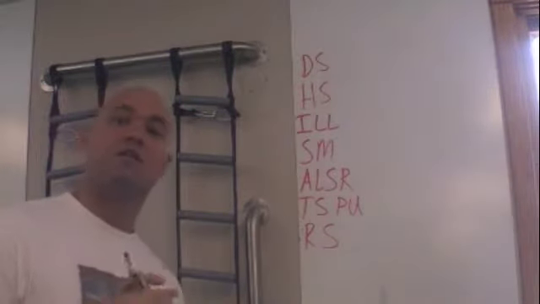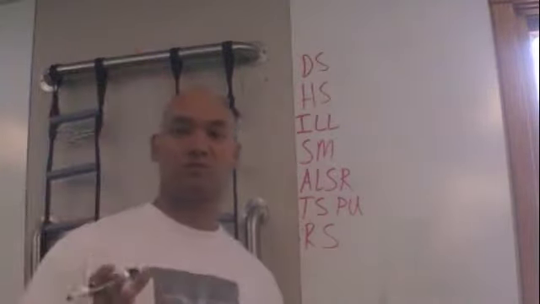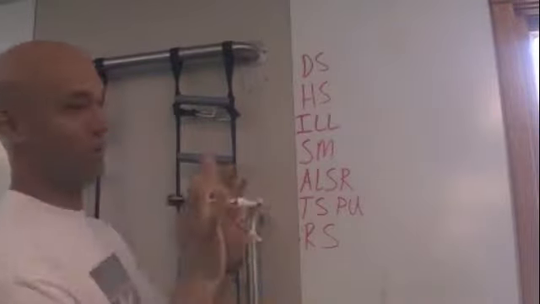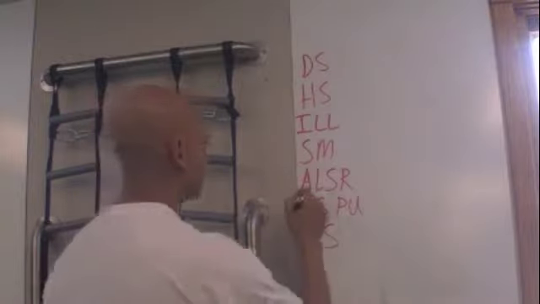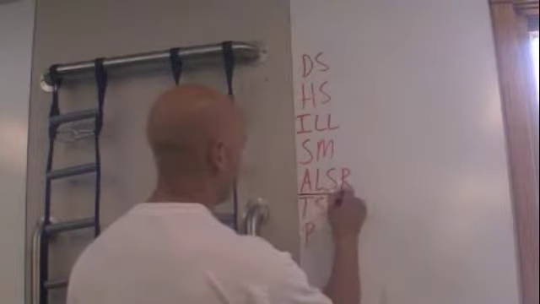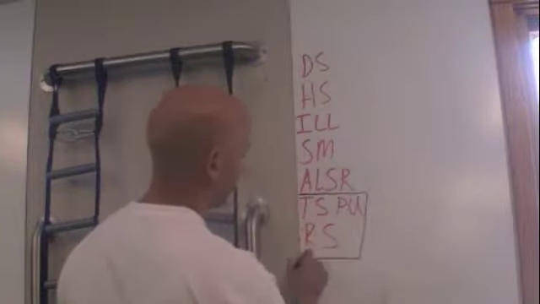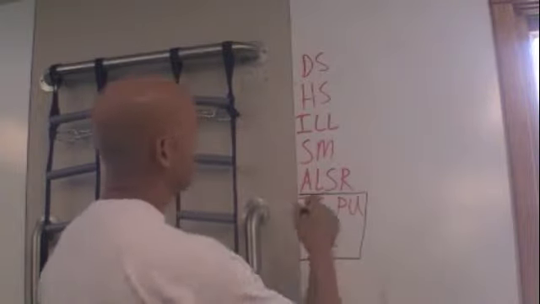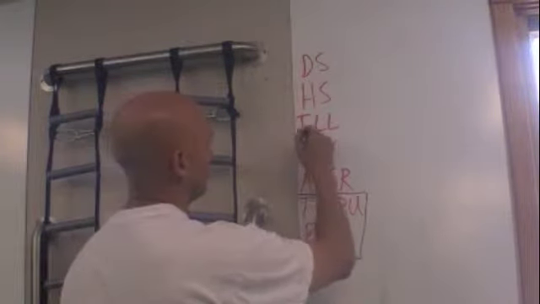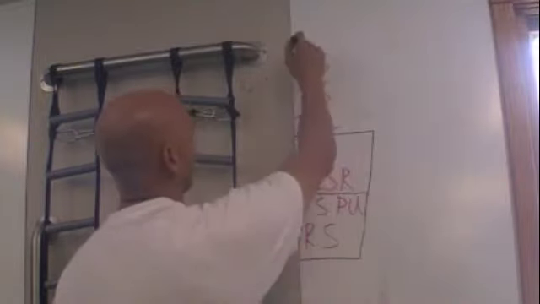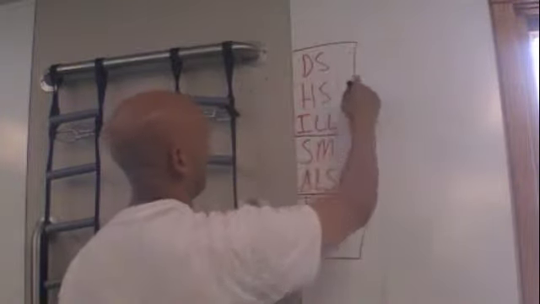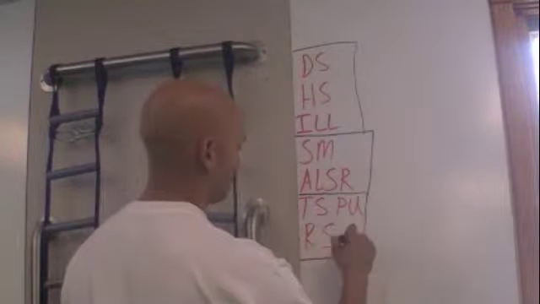There are 3 different pods, so to speak, or 3 different sections that we want to break these into. The first section is trunk stability push-up and rotary stability. Second one is shoulder mobility and active straight leg raise. And last one, deep squat, hurdle step, and inline lunge. So 3 different pods.